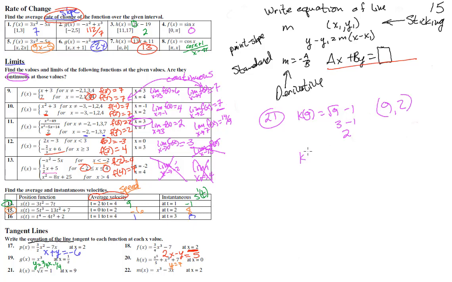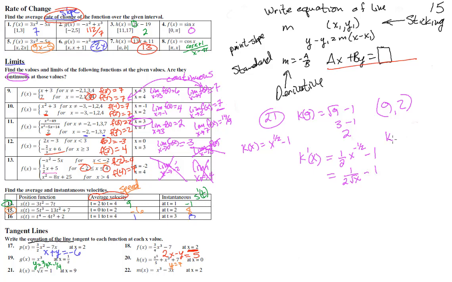Now the slope, we've got to do k primed of x. It may be helpful to think of this as, if you remember, k of x is x to the 1/2. The 1/2 power is how we write radicals. So k primed of x is going to be 1/2 x to the negative 1/2, minus 1. That's 1 over 2 square roots of x. Remember, negative exponents, just put it down on the bottom, minus 1.